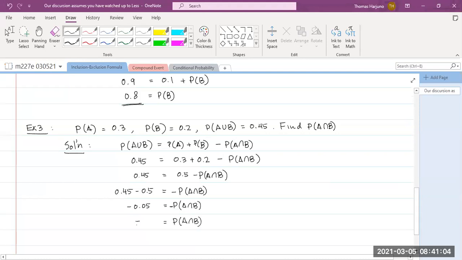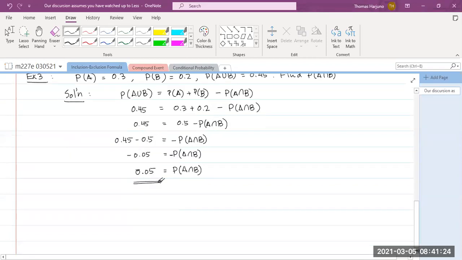You get 0.05. Okay, now that's for this example here. Now let's go on further.